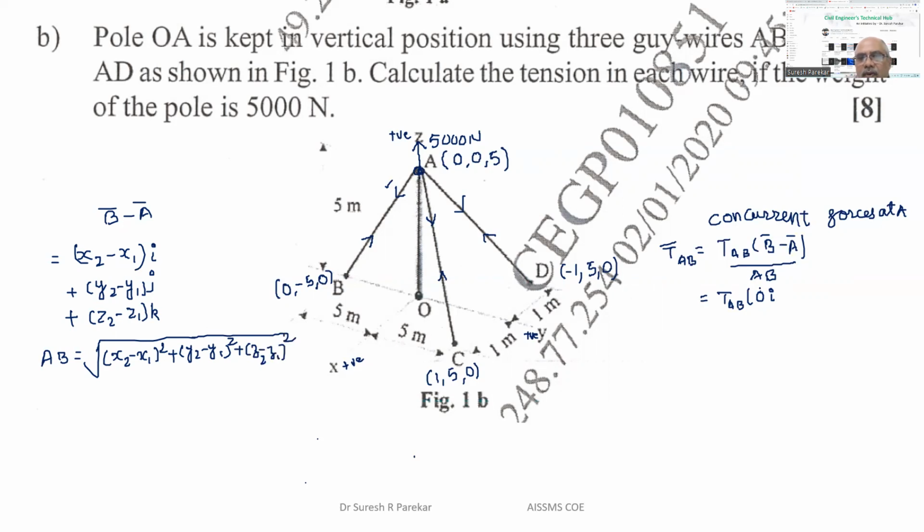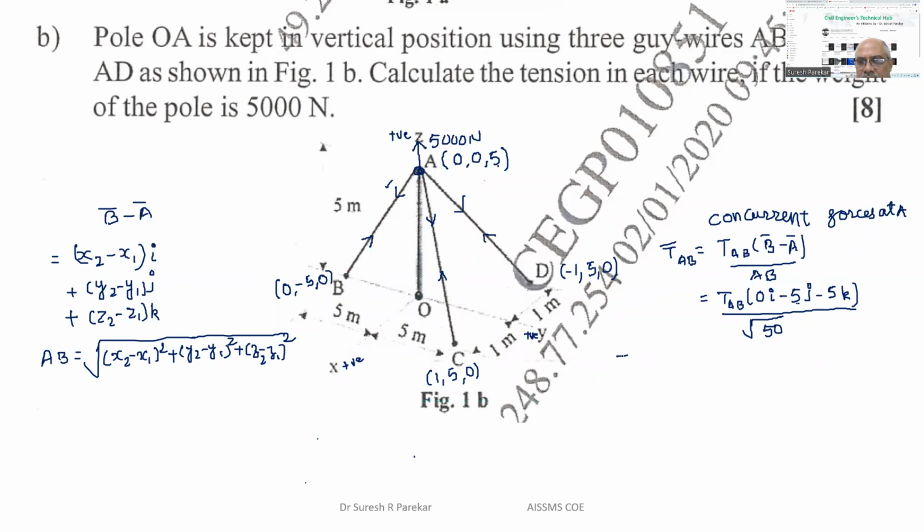Therefore we have 0, then minus 5J, and then 0 minus 5, which is minus 5K, divided by the root of 0 plus 25 plus 25, so that will be root 50.